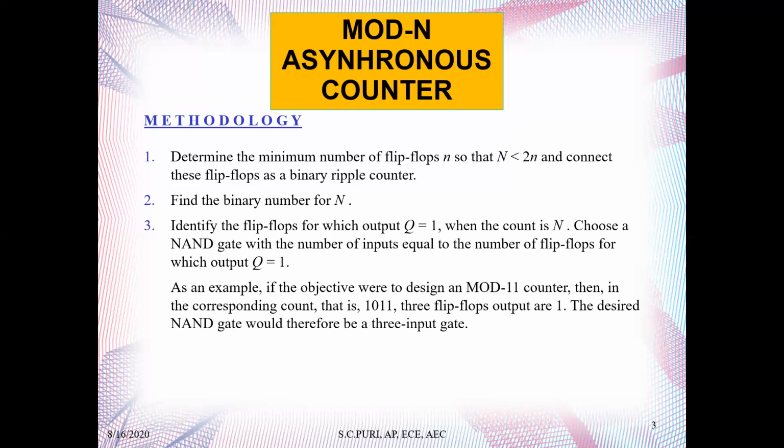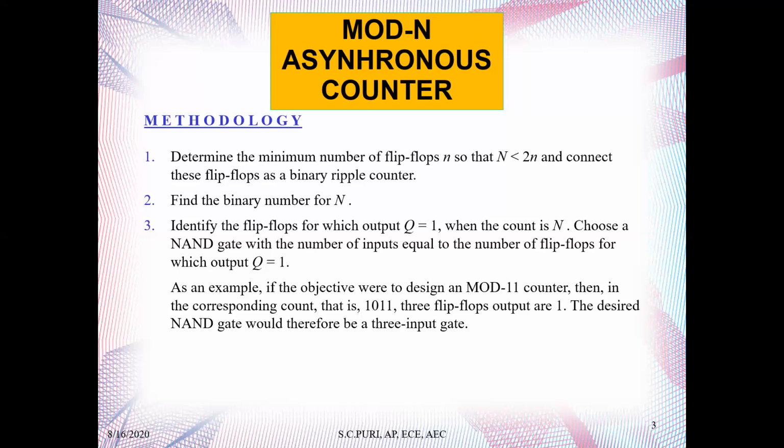As an example, suppose you want to design a mod 11 counter. Then the corresponding count, that is 1011, which is 11, has 3 flip-flop outputs equal to 1. The desired NAND gate would therefore be a 3-input NAND gate. So at this particular state, we have to make a special arrangement.